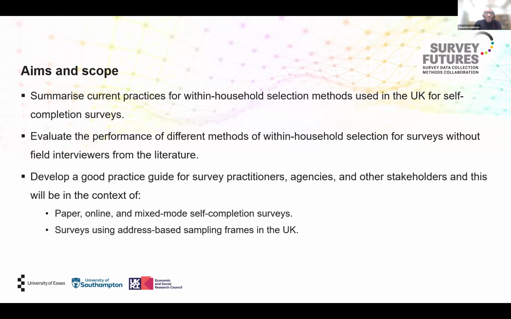The aim really for the overall project on within household selection is to summarize current practices of selection within the UK for self-completion surveys, evaluate their performance between the different methods for those surveys that don't use interviewers, and ultimately to develop a good practice guide for practitioners, agencies, and other stakeholders.